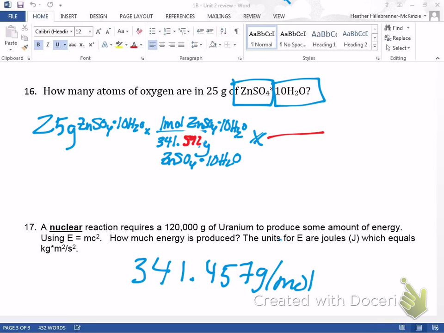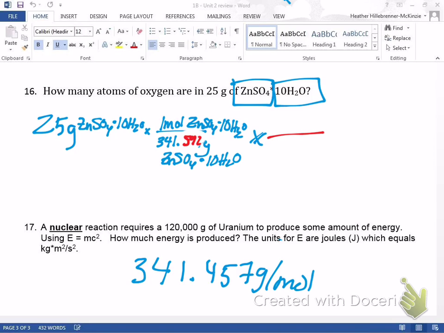All right, so here we go. Next step. So now we're at moles of zinc sulfate, yes? We got to get to moles of what? Well, we got to find atoms of oxygen. We can't go from grams to atoms. So we got to go from grams to moles to moles of something else, then to atoms.